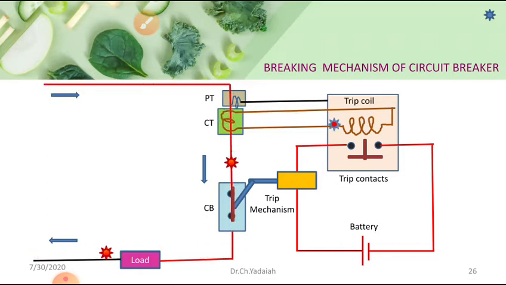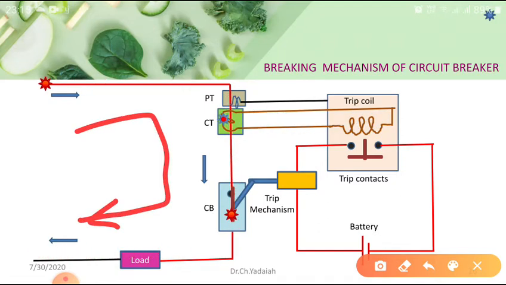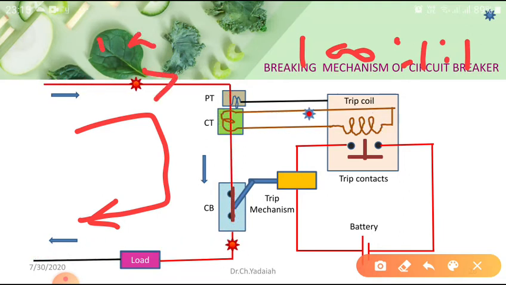Now what is happening? You can see the CT here. Under normal condition, normal current is flowing. Here the CT ratio, for example, may be 100:1. That means whenever the rated current is, for example, 100 amperes, the current flowing in the CT secondary is 1 ampere.